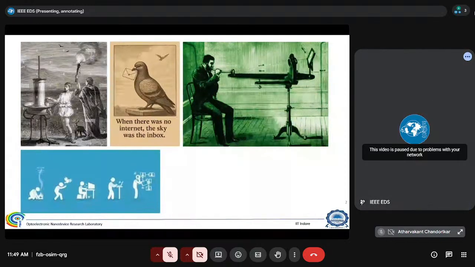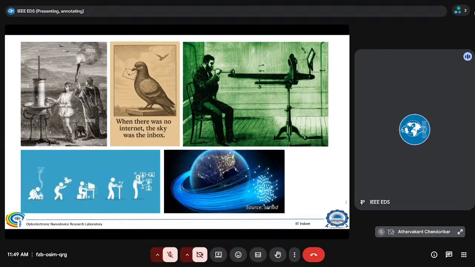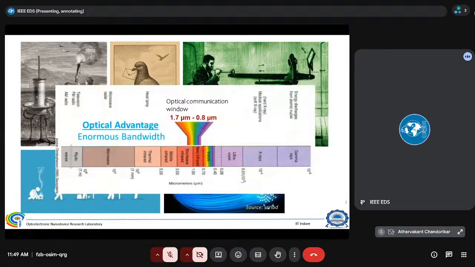And then slowly we had seen a lot of changes, a lot of developments in that area, starting from the birds and so on, and telephones and so. So these days we use optical fibers. We have optical connectivity where you basically communicate using light, right? And when you say that, you have advantage.